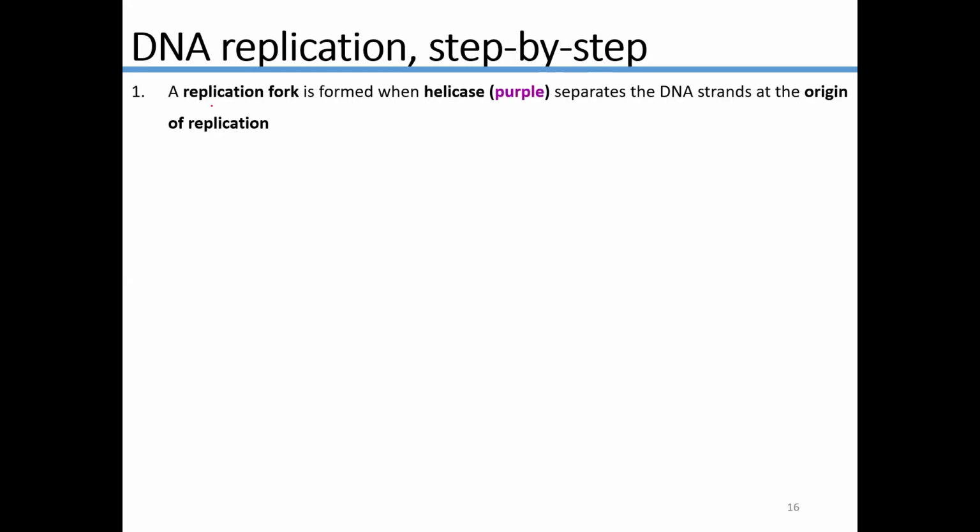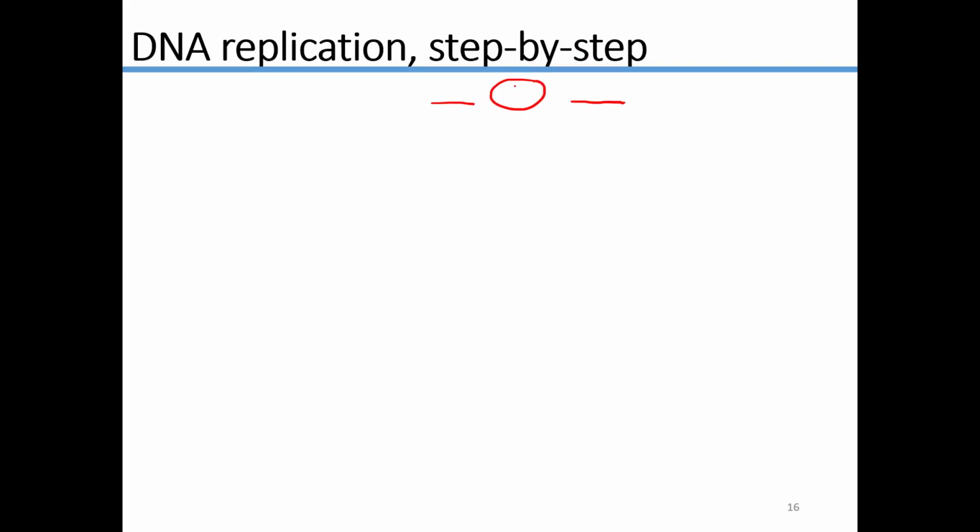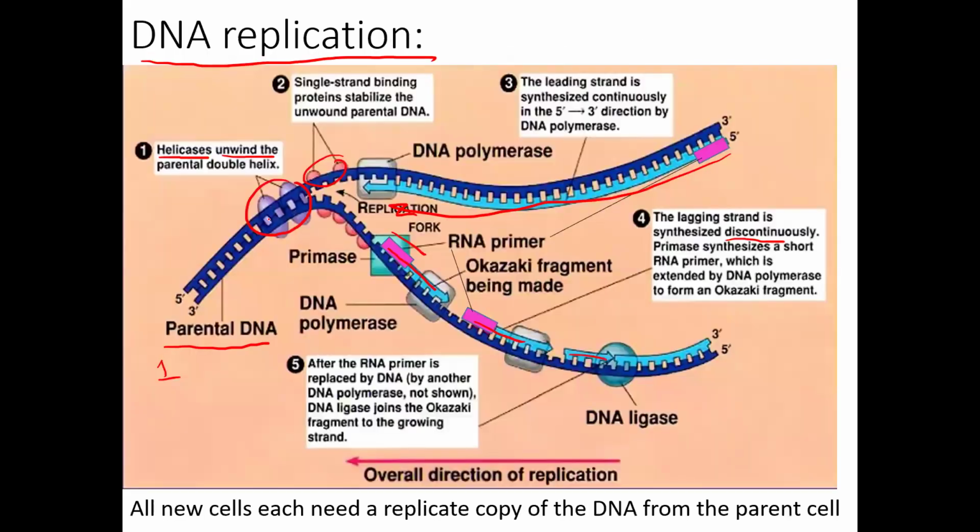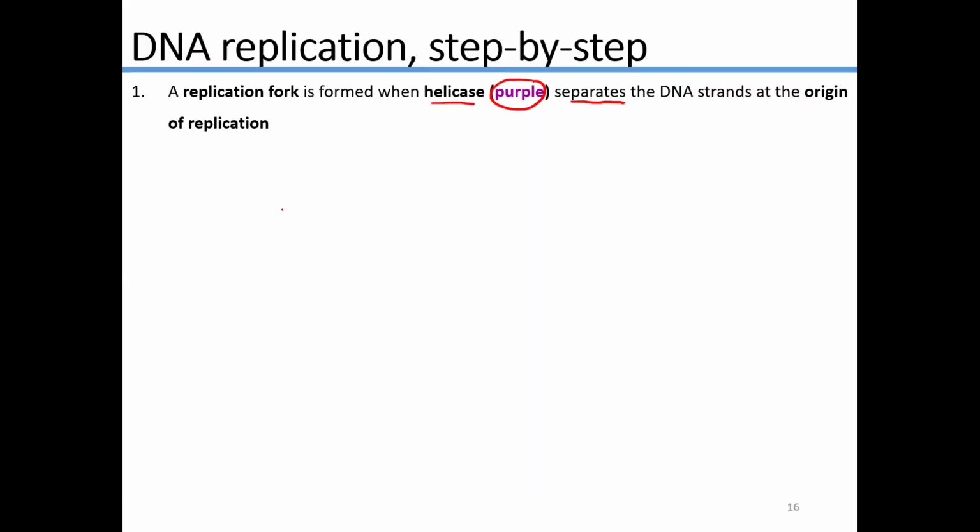So looking at this over here, we have number 1, a replication fork is formed when helicase, which was shown in purple, is going to separate the DNA strands at the origin of replication. So going back over here, you can see we have those portions. And again, they're unzipping or opening up. Basically, what it means whenever we're unzipping something is we're breaking those hydrogen bonds to separate out the bases.